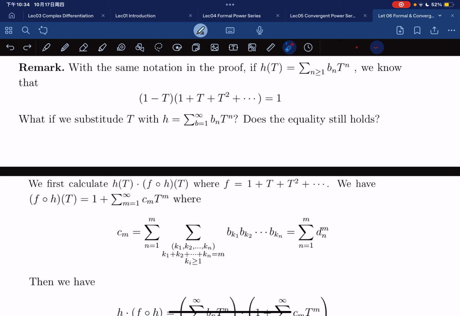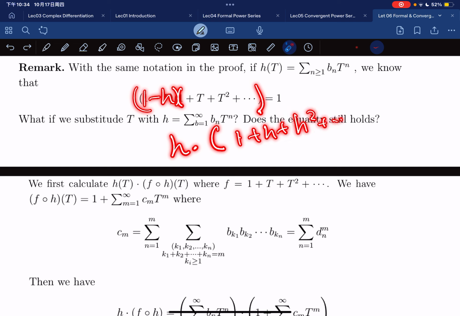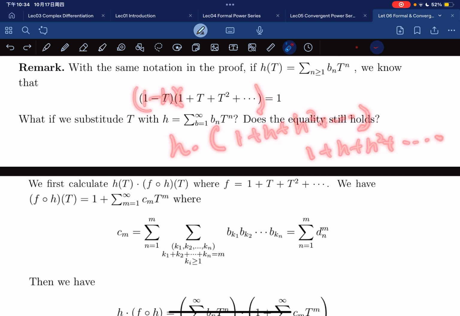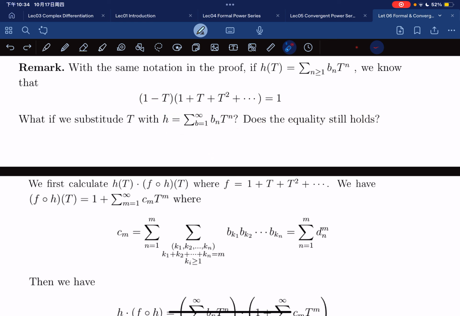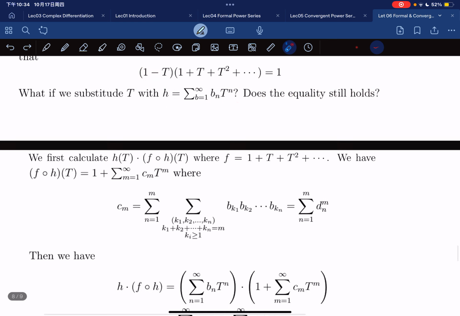So what we're doing is calculating 1 minus h times this, right? So we first compute h times 1 plus h squared, right? And we also compare this with 1 plus h squared plus, and see what we get if we do the subtraction, right? What does it equal to, right?